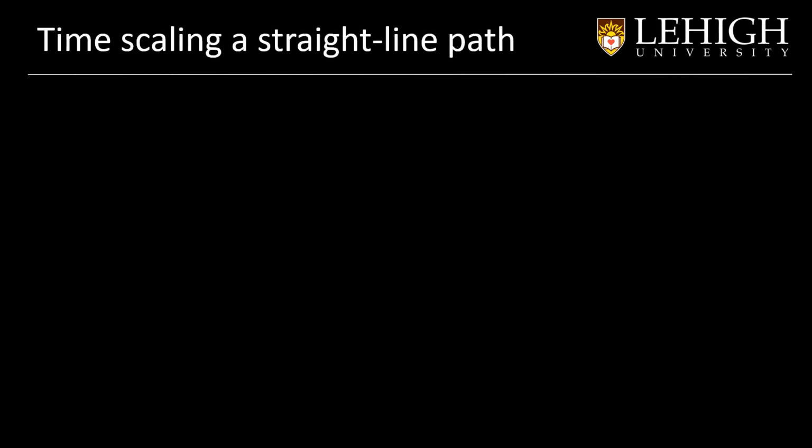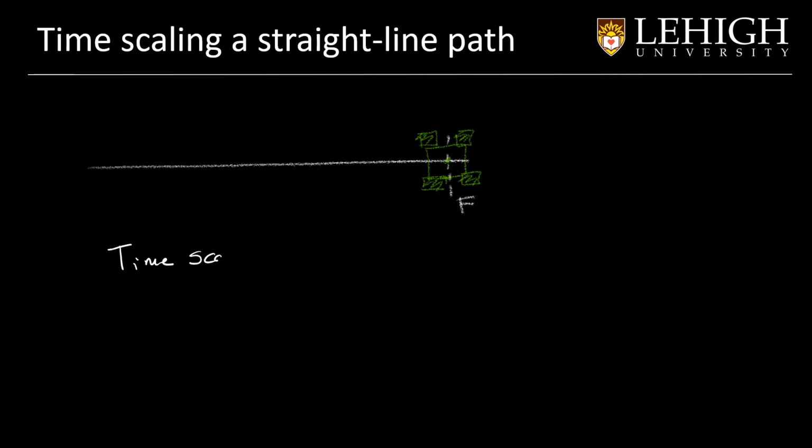For studying complex trajectories, we are going to start with the simplest one, that is just a line, and the robot needs to move through that line. For that, we will integrate the path with time, and that's what we call time scaling. Let's study how the velocity in s changes with time.